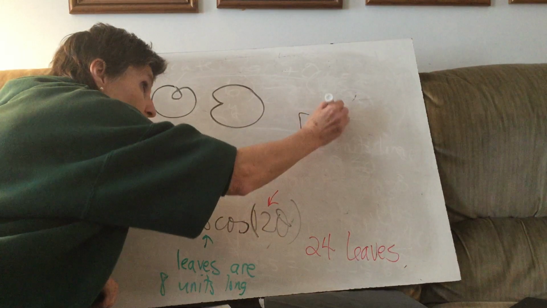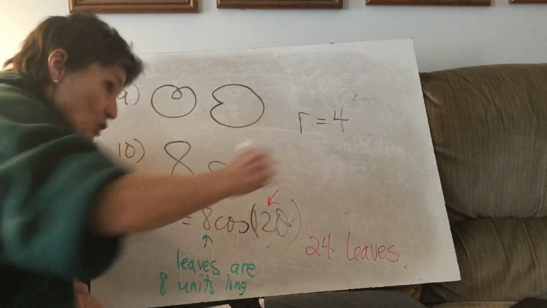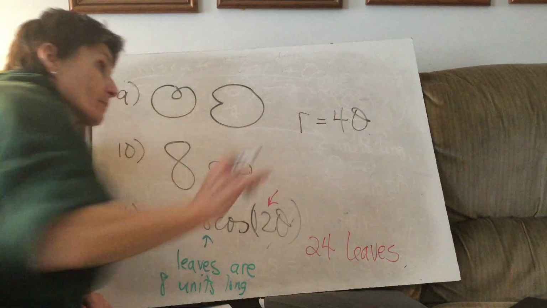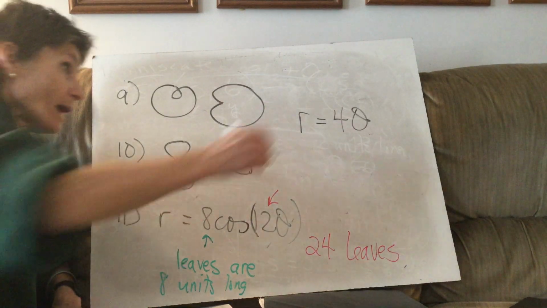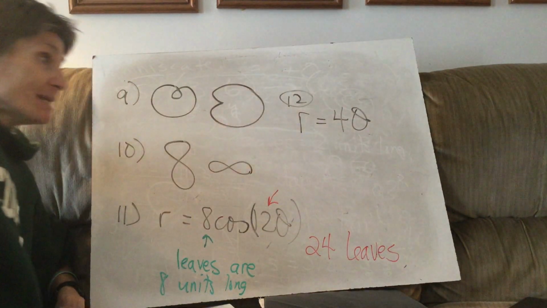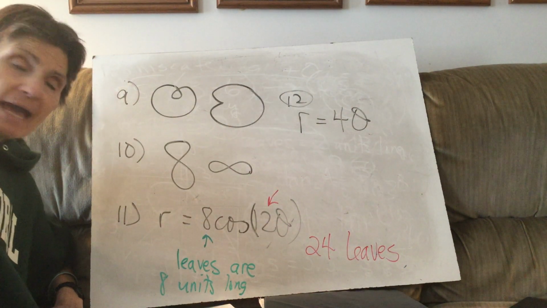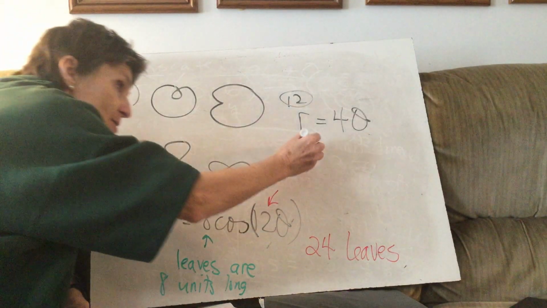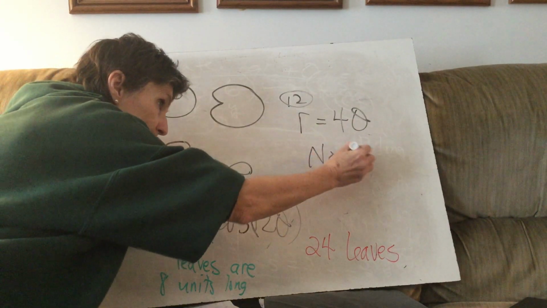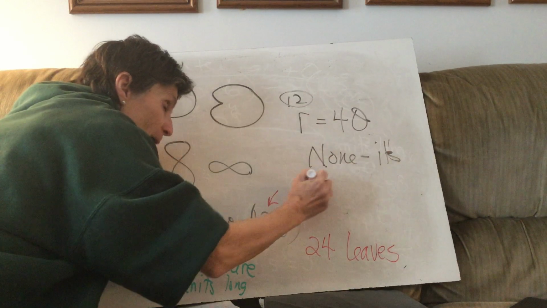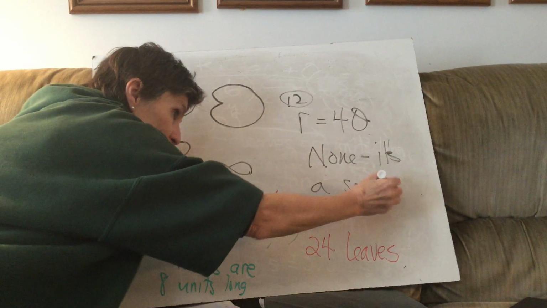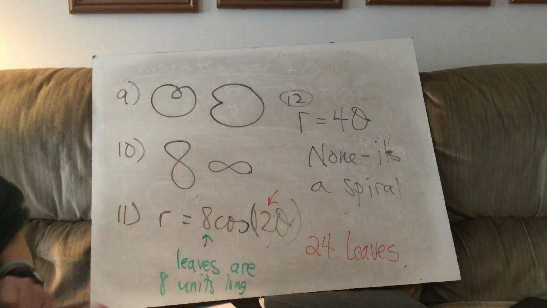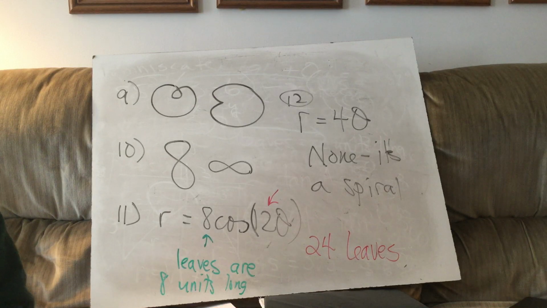Now, number 12 is a trick question. Number 12 says, how many leaves does that have? And the answer is none. It's a spiral. How do I know it's a spiral?